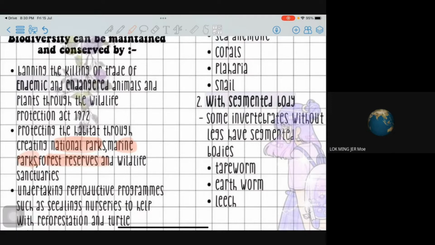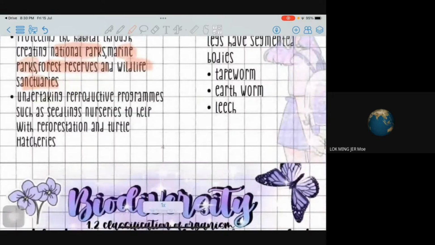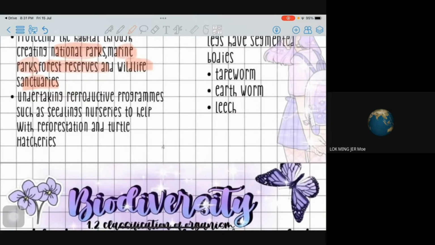Wildlife sanctuaries, for example turtle sanctuaries, for things we need to protect, like orangutans. And then undertaking reproductive programs such as seedling nurseries to help with reforestation, and turtle hatcheries. Normally in Malaysia we have a lot of turtle hatcheries, meaning we help the turtles hatch.